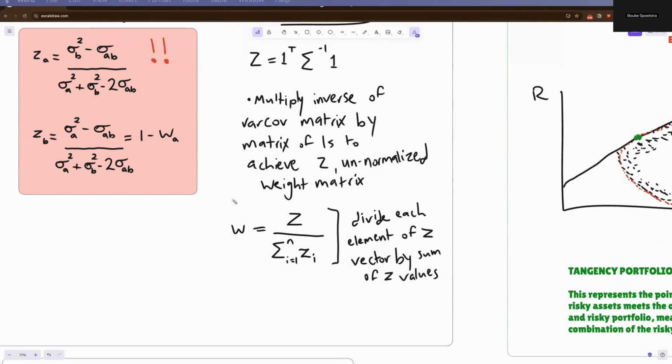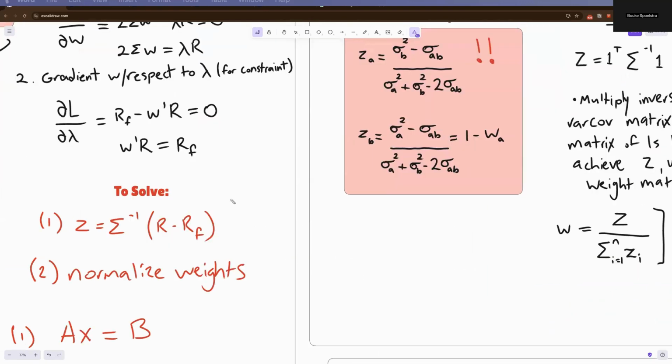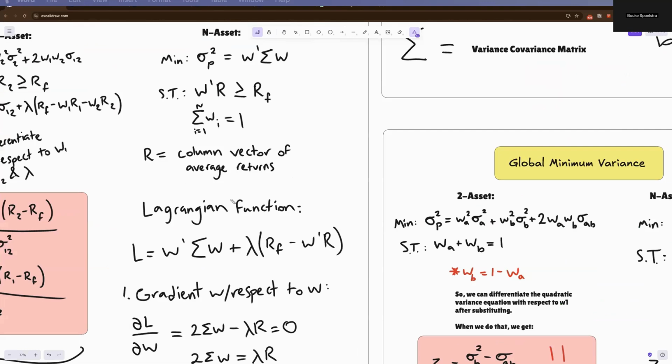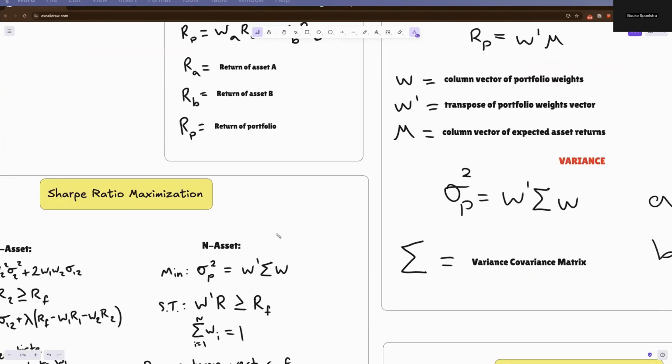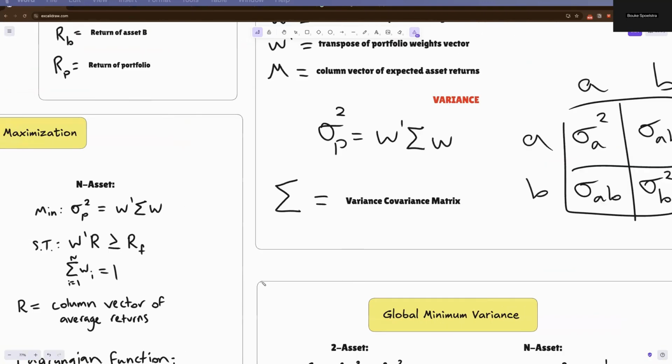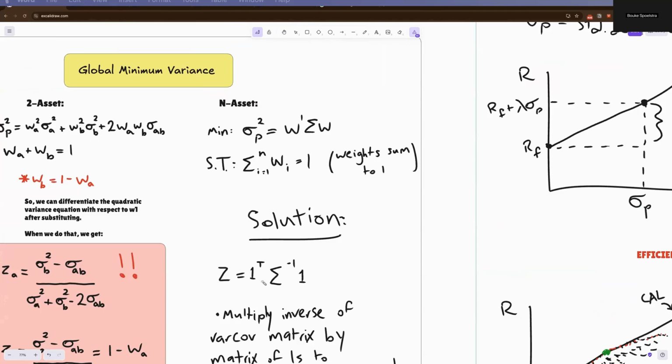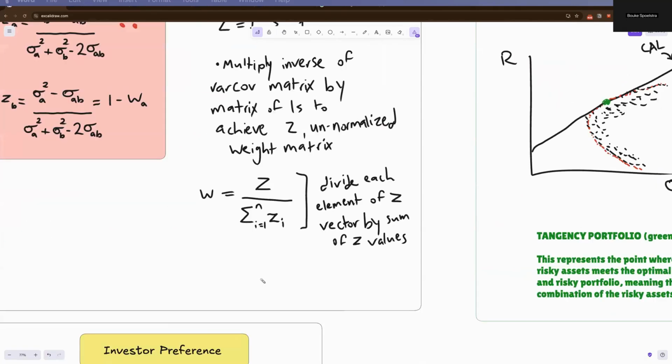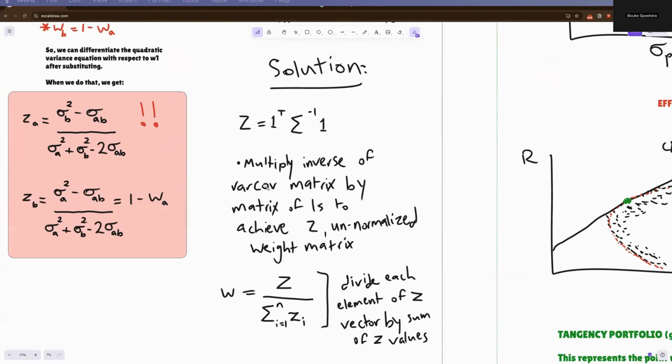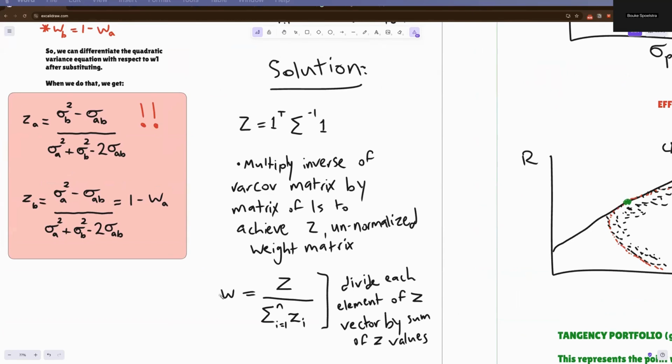Actually, this is going to be in video 3. So yeah, same for the Sharpe ratio maximization. We go over these ones in video 3. But for now, just know that this is how we would solve it.